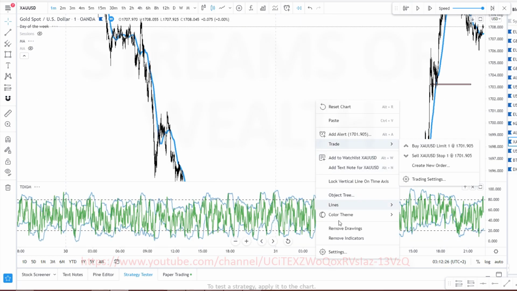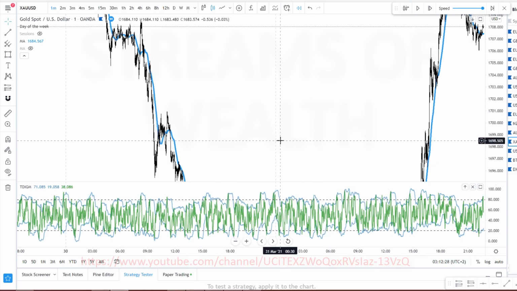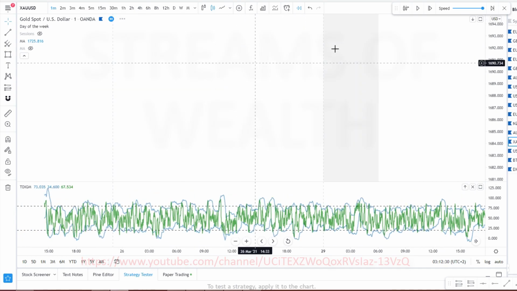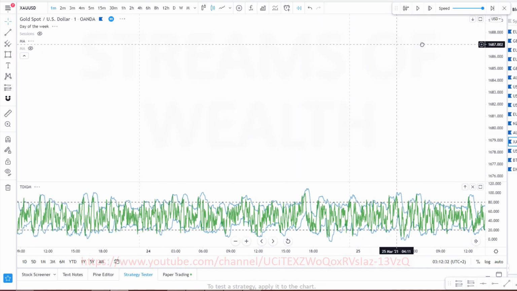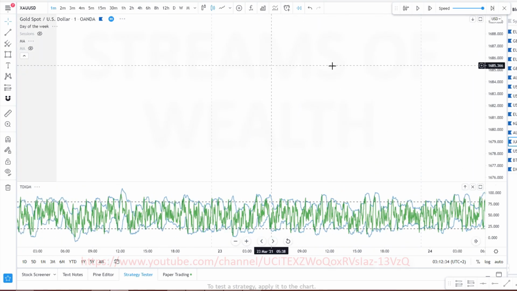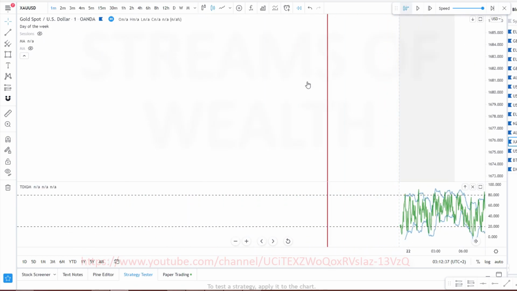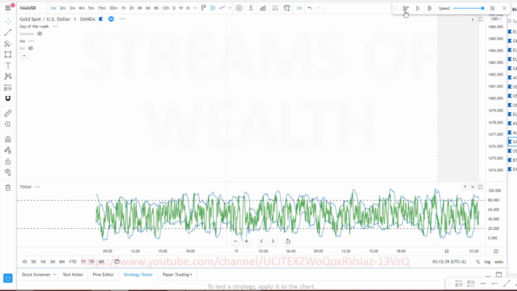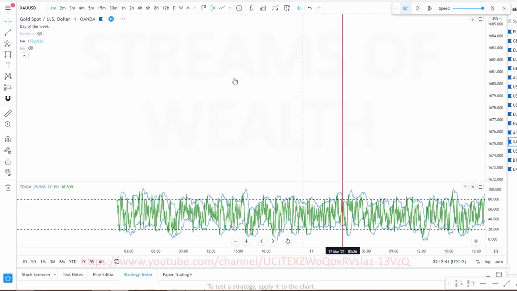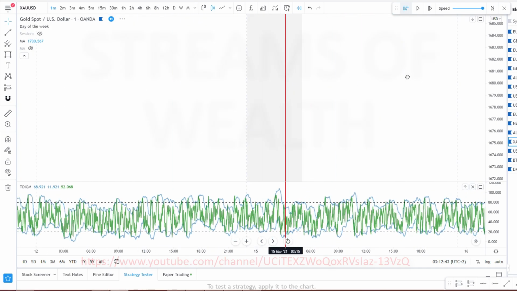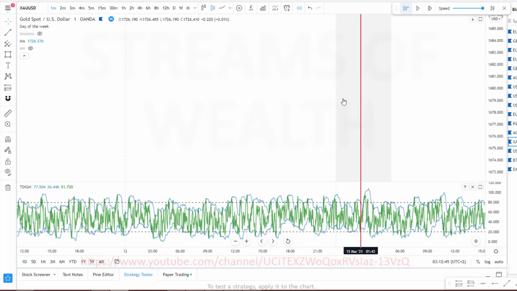Then I will also remove any drawing I had here. On TradingView, when you go in the past on 1 minute, or you want to see 1 minute, then it will say data unavailable, you need to start again. That is why I have to do it this way on 1 minute. So I think we are good.